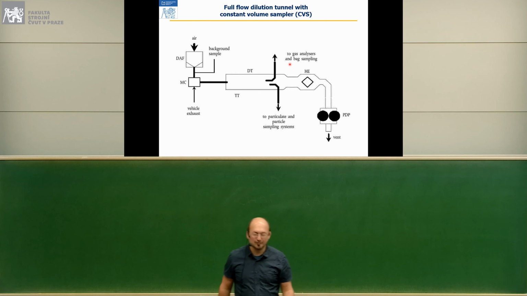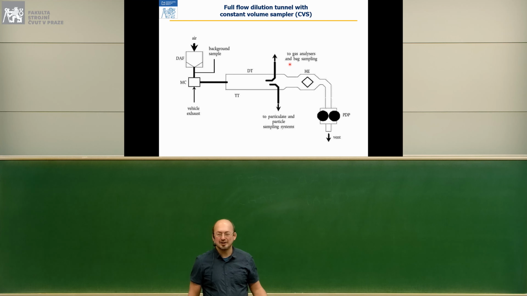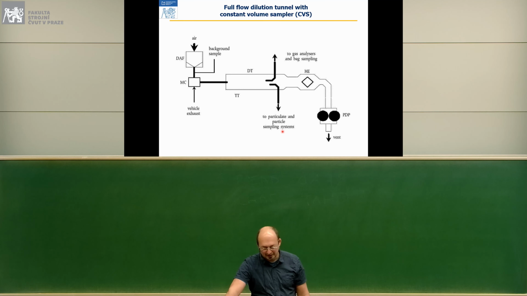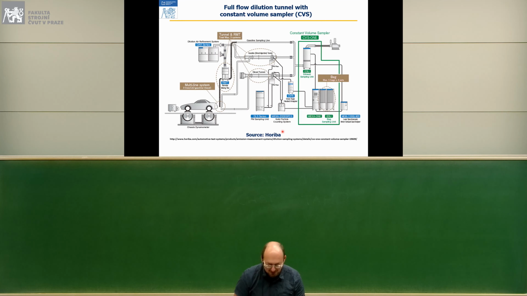The advantage of online measurement is that you know in which portion of the test you have high or low emissions, and you can target your engineering efforts that way. In a similar way, we analyze particles. You can measure concentrations online, and you can also sample particles onto a filter for gravimetric analysis of total particulate mass.